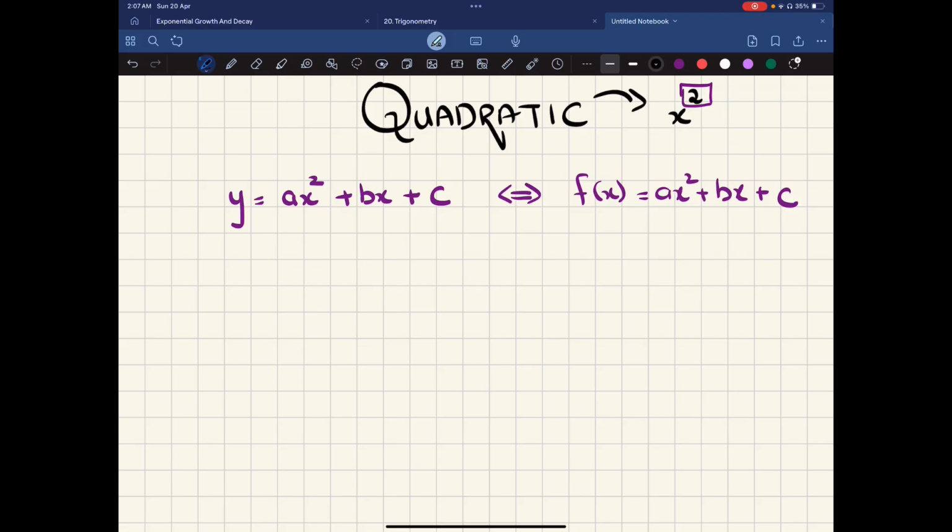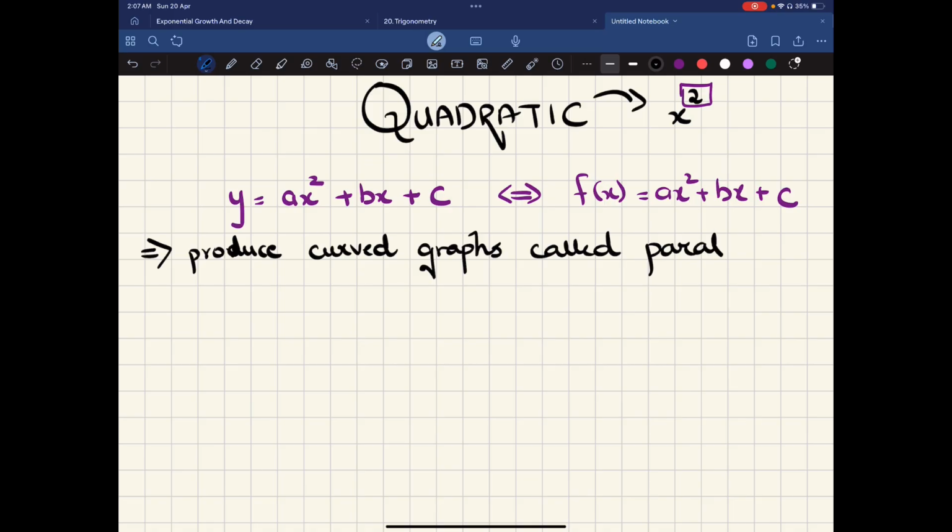Now the thing that you need to remember is that all quadratic curves produce curved graphs called parabolas.